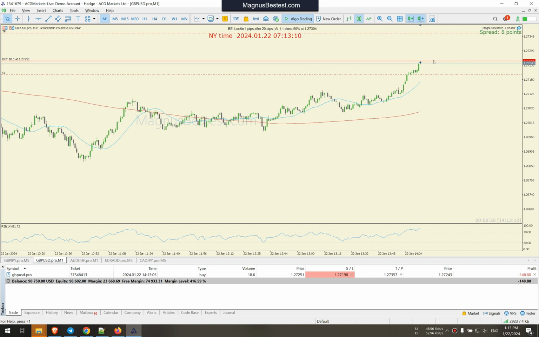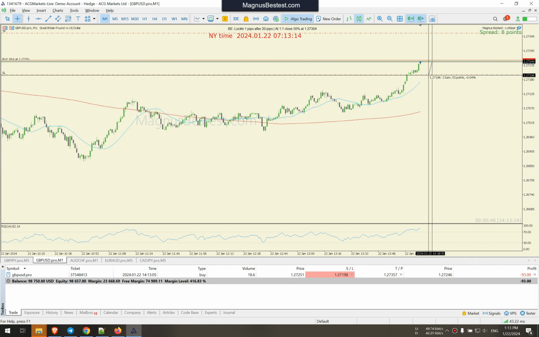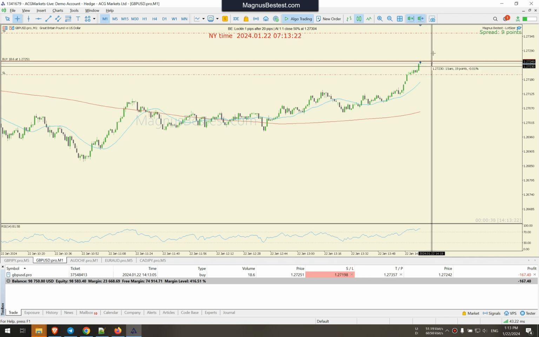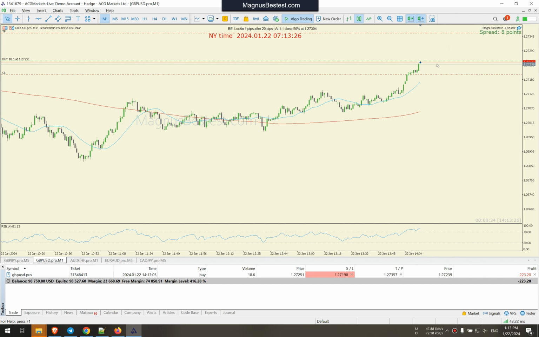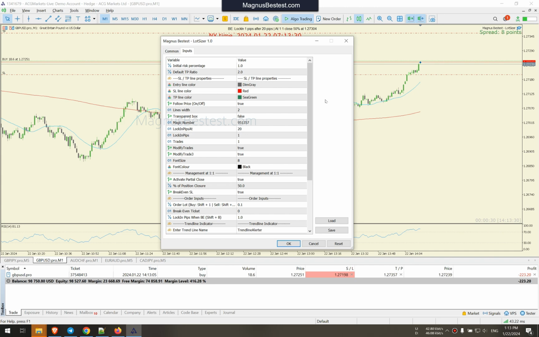It was 1 to 2 risk reward, so the take profit is set up over here. So this is the entry price. Here we are 5 pips, and here, of course, 10 pips, plus the spread. So that's it for this demonstration.